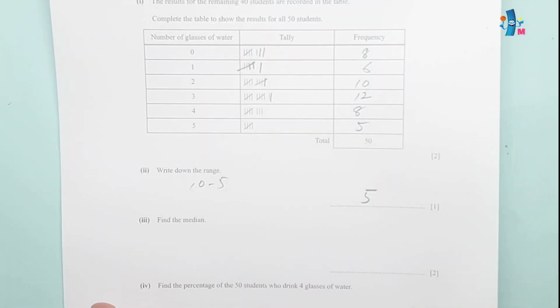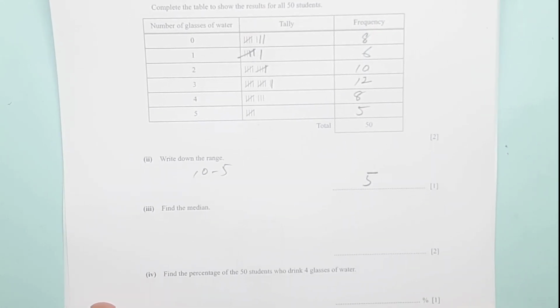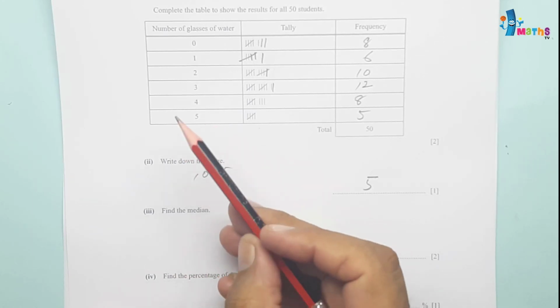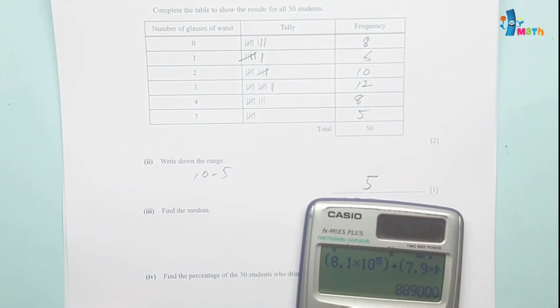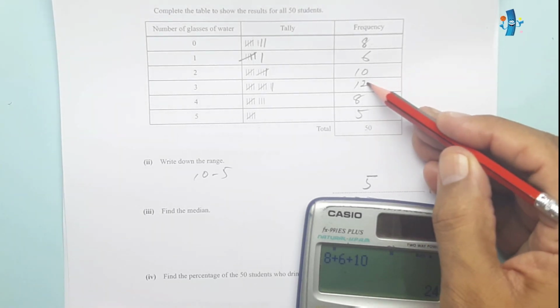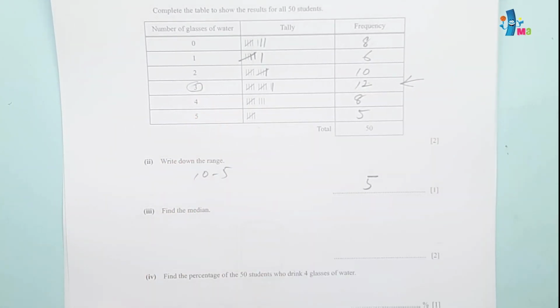Median will be the middle value, and middle value will be out of 50, we'll check the 25th, so 8 plus 6 plus 10 is equal to 24, so up to this one is 24. 25th and 26th value will be in this one, and that value will be 3, so our answer will be, median will be 3.